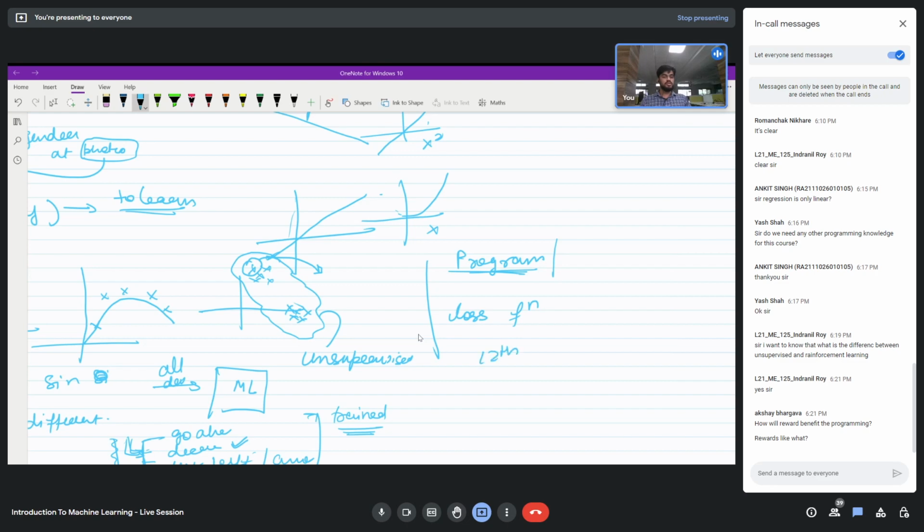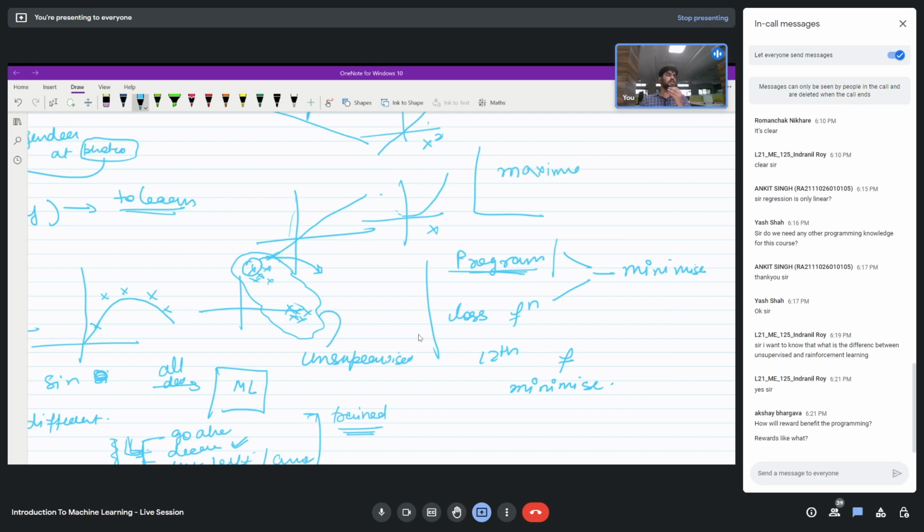So in class 12, if you had a function, you learned to minimize and maximize that function. So how do we program this kind of thing? We program them to minimize the loss function. So you ask how would this reward benefit the programming? So the programming is nothing but a program to maximize the reward function.